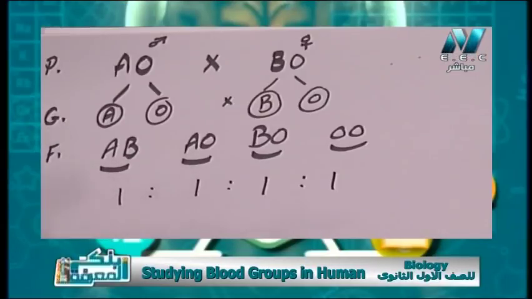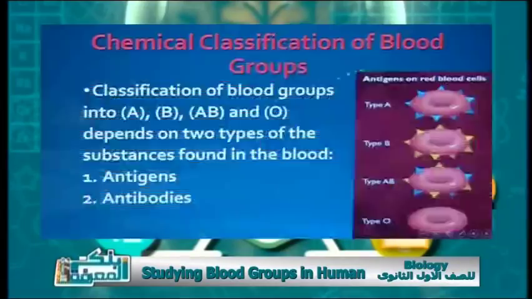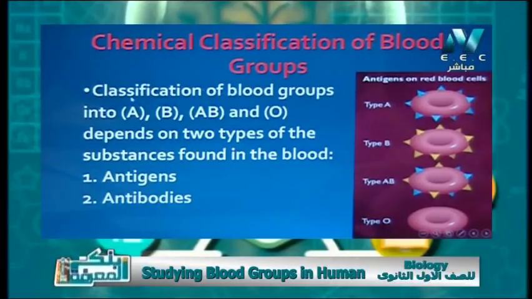Now, we study the chemical classification of blood groups. As we said, the blood groups can be controlled by three types of genes. And the person who is A group has the gene A and causes the production of a certain protein on the red blood cell in a certain type.